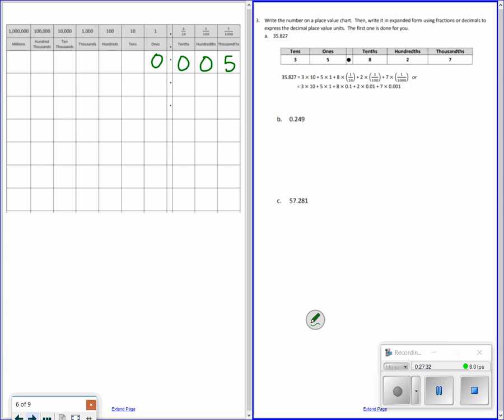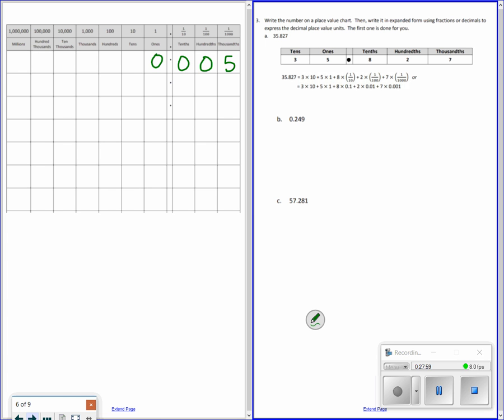All right. So for 3, this 3A is on the bottom of yours, and B and C are on the back. So that's why you're like, I don't have all that. A is on the bottom, B and C are on the back. A is already done for you.